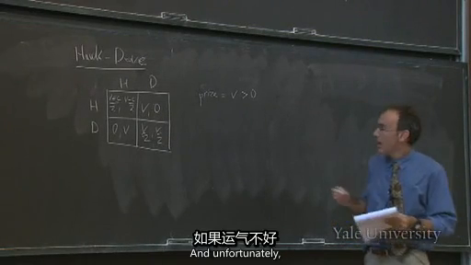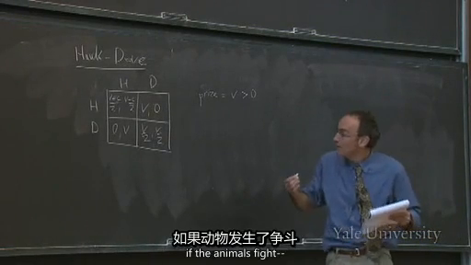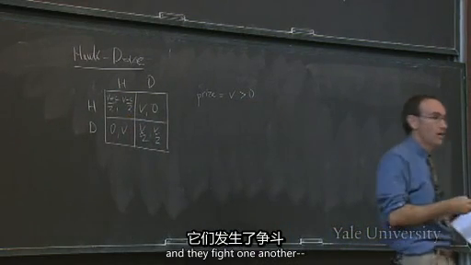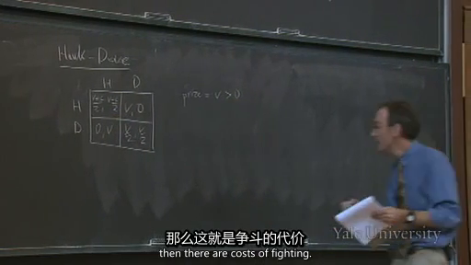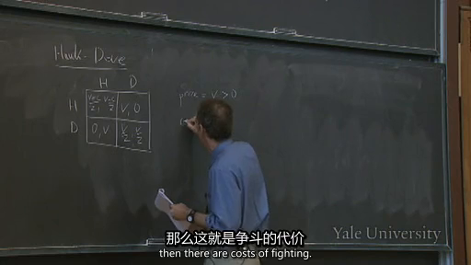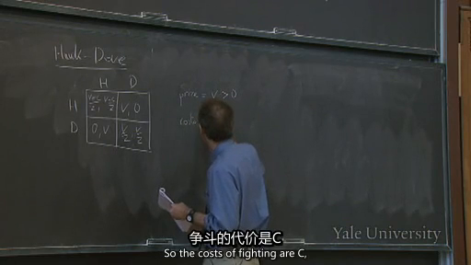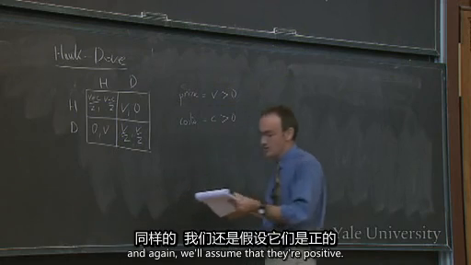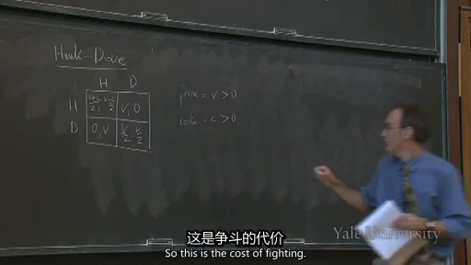And unfortunately, if the animals fight, so if the hawk meets another hawk and they fight one another, then there are costs of fighting. So the costs of fighting are C, and again, we'll assume that they're positive.